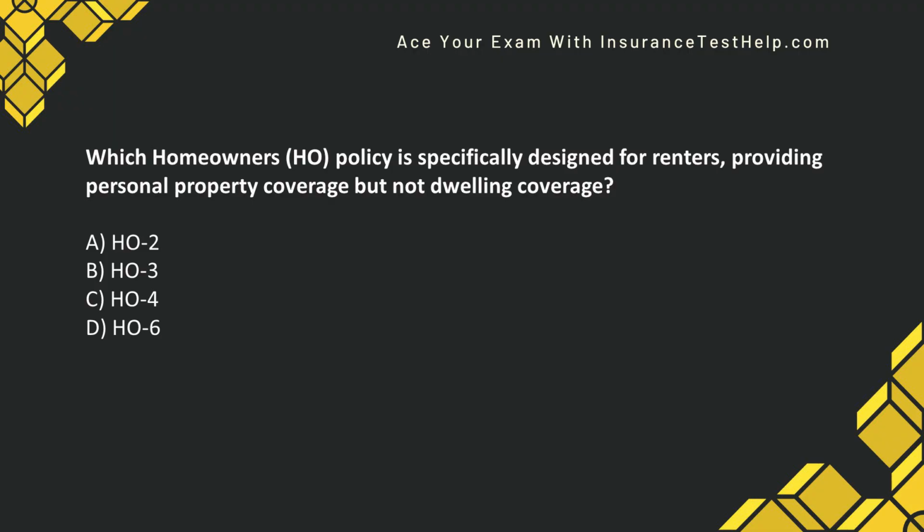Back to more HO type questions. Which homeowner's HO policy is specifically designed for renters, providing personal property coverage but not dwelling coverage? So no coverage of the actual building or structure or house that they are renting, specifically for their stuff. So this is going to be for the renter's personal property, but will have no coverage for the actual dwelling.